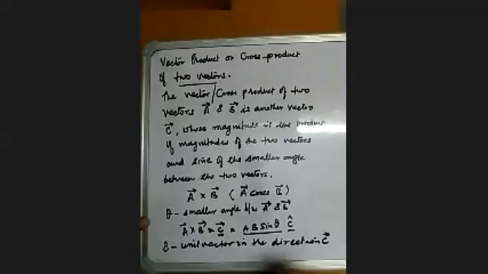And the direction of the C vector is given by the right-handed screw rule as well as the right-hand thumb rule. So there are two ways in which we can find out the direction of the cross product of the two vectors.